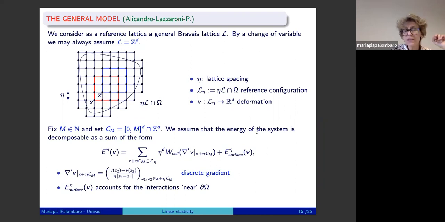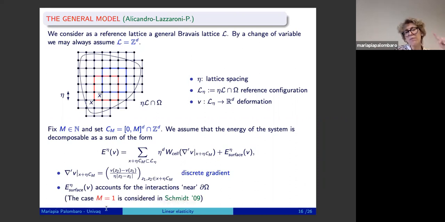And the surface term accounts for interactions that are close to the boundary. Of course, this is a discrete boundary, but let's not bother about this term. So in our general model, we consider cell energies, so energies that are functions of finite differences within a cell, which can be arbitrarily large.